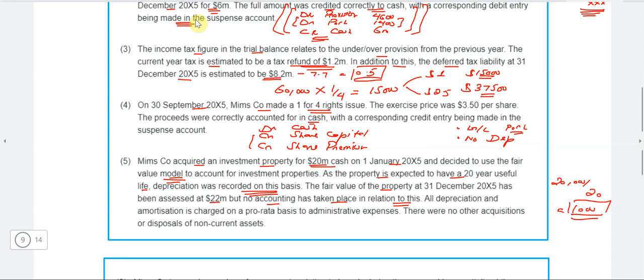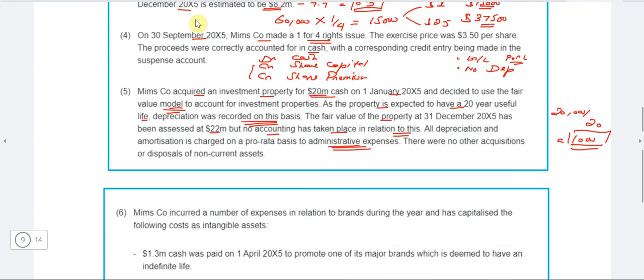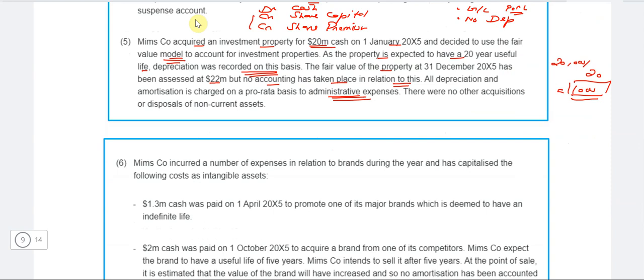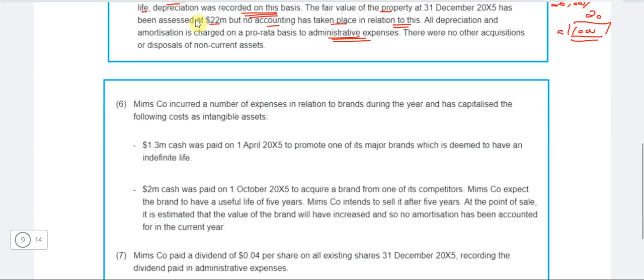All depreciation is charged to the administrative expenses, so that means we need to remove the depreciation from the administrative expenses. There was no other acquisition or disposal of the non-current asset. So in this adjustment, we have two things. First, we need to reverse the depreciation charge of 1,000, and then we need to record the gain of 2 million with respect to the investment property.